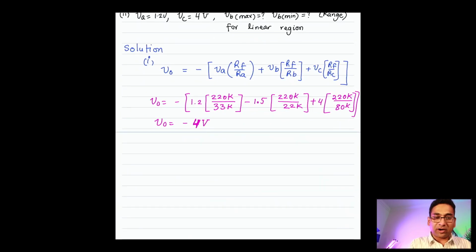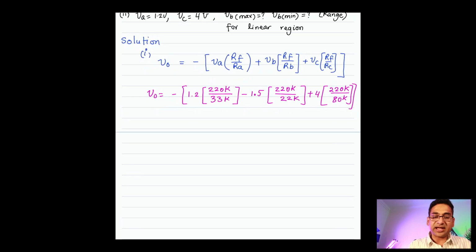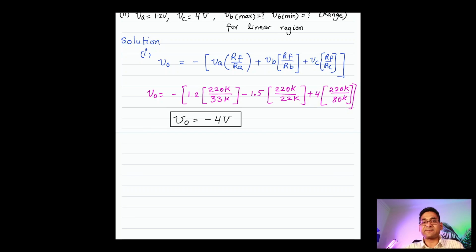All you have done is to recall the equation. Just two steps: recall the equation, and VO is negative 4 volts. So we have recalled the equation that Professor Aguilar has given. The second part of the problem is just as simple, also pretty straightforward.